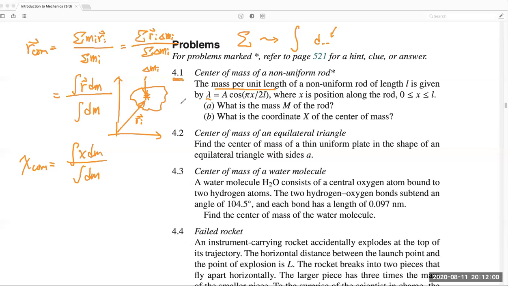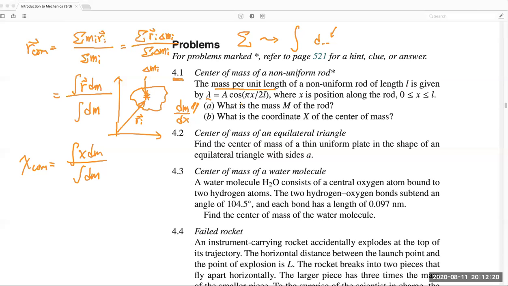So that means dm over dx, the mass per length. Now the lambda depends on x. It depends on the position of the particle.